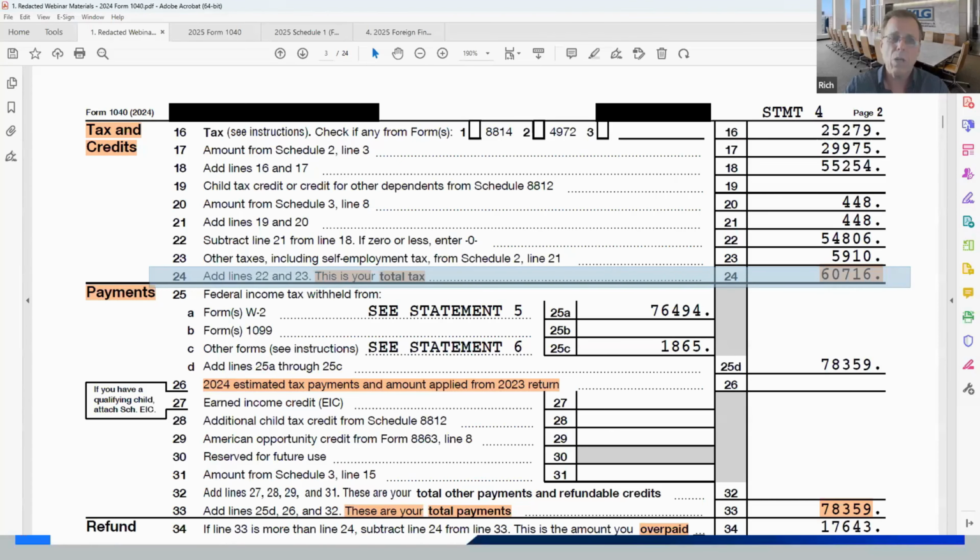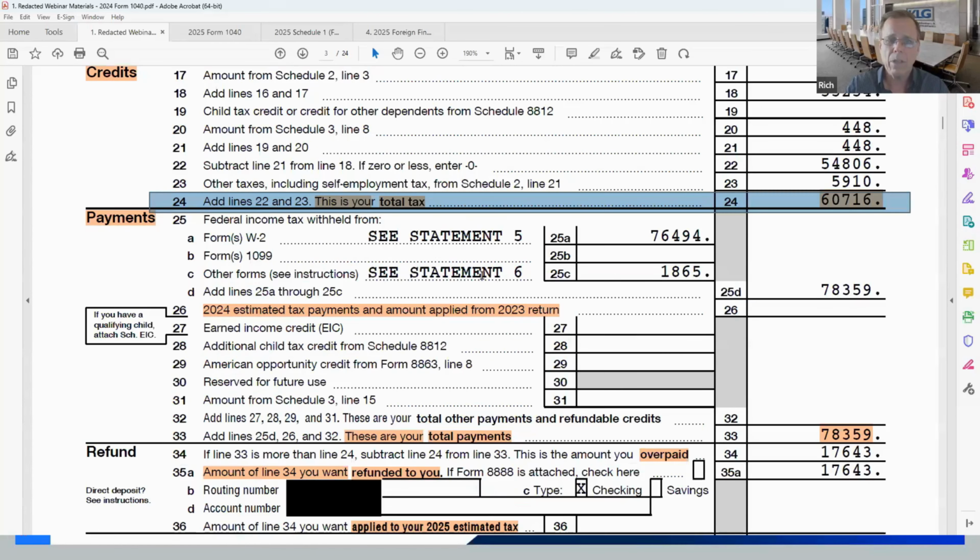Next, we look at the payments. What payments did they make during the year? This could be the refund engine: what was the withholding on the W-2s, other withholdings from possible 1099s, and then line 26, which they don't have here, is any estimated tax payments that they may have made.